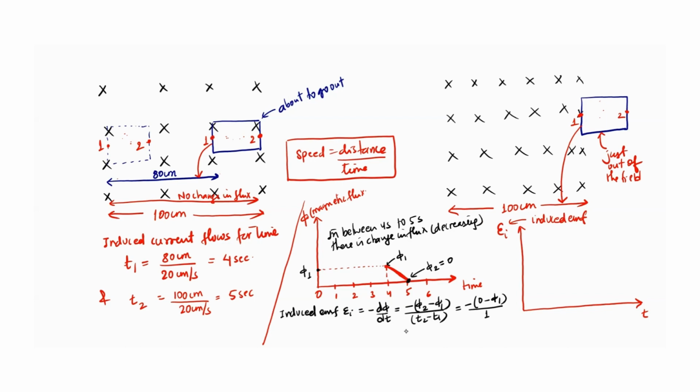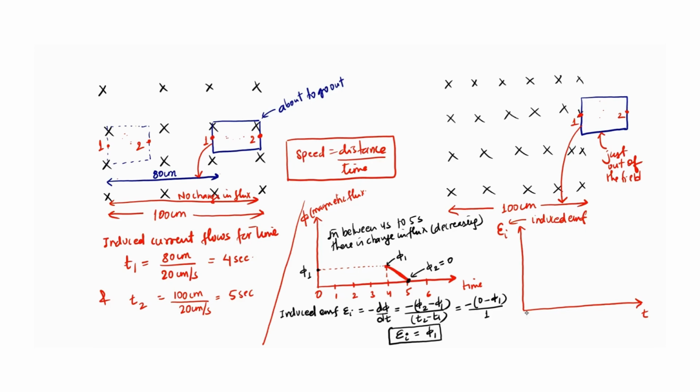So finally we can write induced EMF E equals phi 1. So I'm writing in this form just to make you understand. So what we find is that phi 1 is constant. We can say it is constant in this figure.